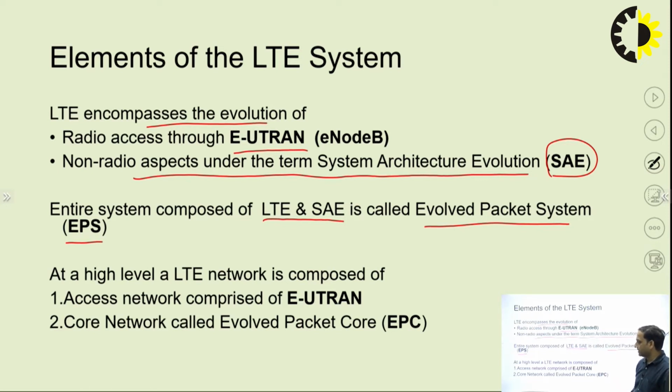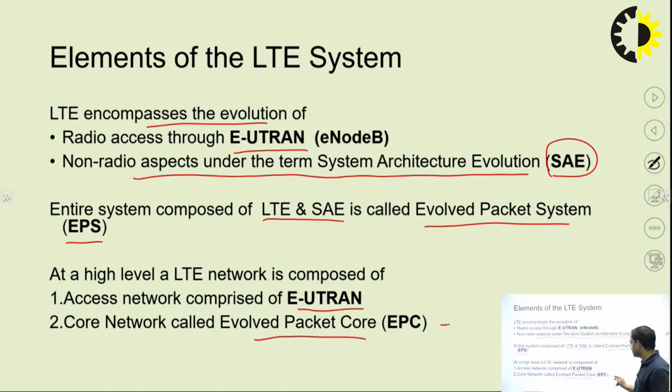At a high level, the LTE or LTE-Advanced network can use access networks comprising the E-UTRAN, as I said, and then the core network, CN. The core network is called the Evolved Packet Core.